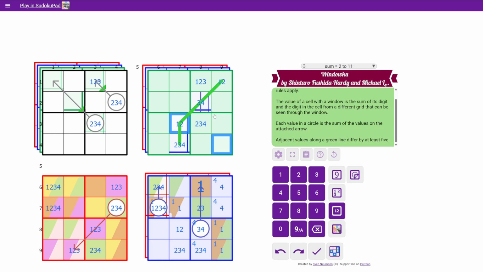And this one would be like that. That would still be okay. How do I do more in the first box?